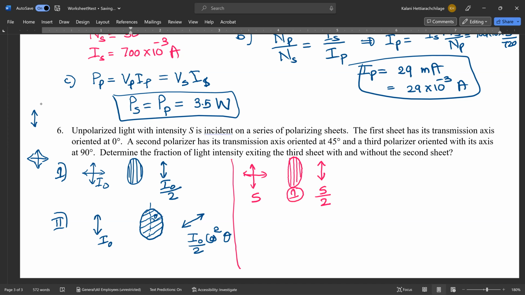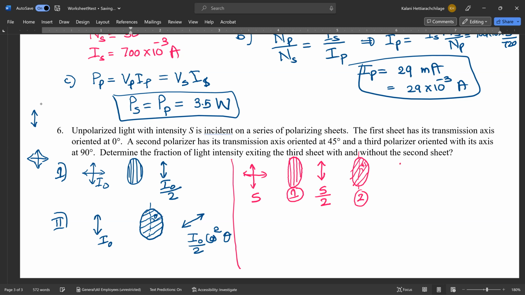Now, a second polarizer has its transmission axis oriented at 45 degrees. You keep the transmission axis at 45 degrees with the incoming light. This is your second polarizer.